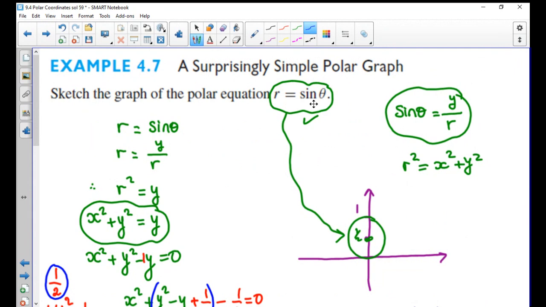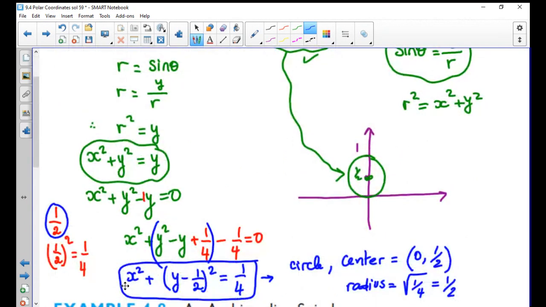Well, to graph this, what did we do? This is in polar coordinates, we shift everything into rectangular coordinates. So we change this equation into a rectangular coordinate equation.